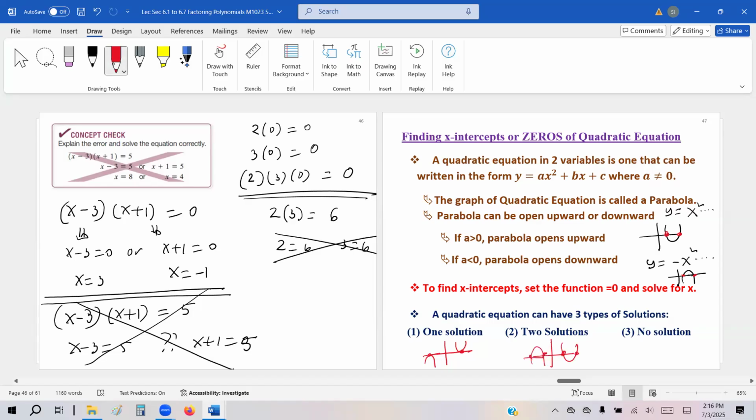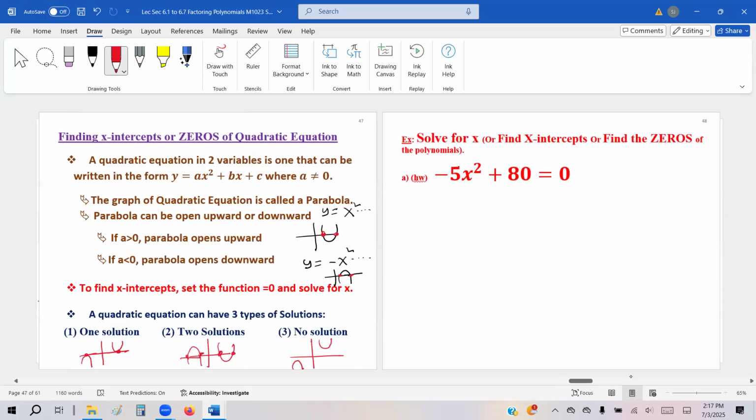We are crossing the x-axis twice, so you have two solutions. Or there is no solution. No solution means either it's strictly above the x-axis or strictly below the x-axis. It's not touching the x-axis. So that's why there is no solution. Solution means x-intercept, and x-intercept means you have to touch it or cross it. So a quadratic has only 3 scenarios.